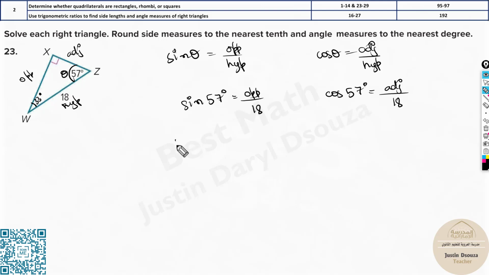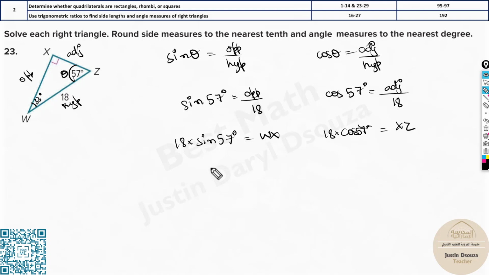So now 18 to the other side will be 18 times sine 57 degrees, that is equal to the opposite side, WX. And over here, cosine 57 degrees multiplied by 18 is equal to adjacent. Adjacent is XZ.